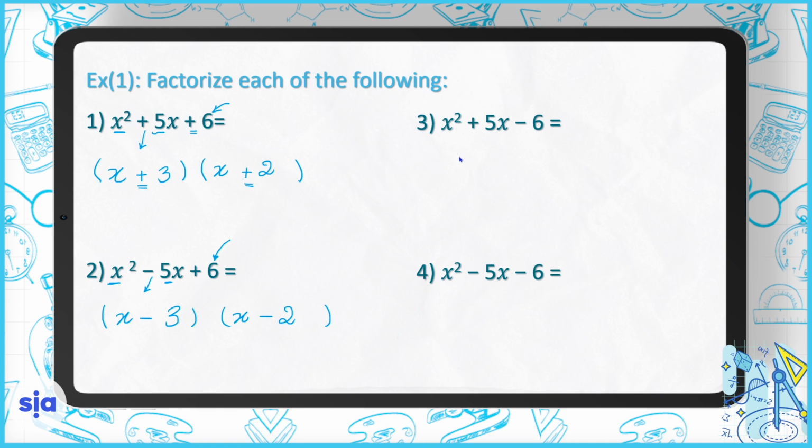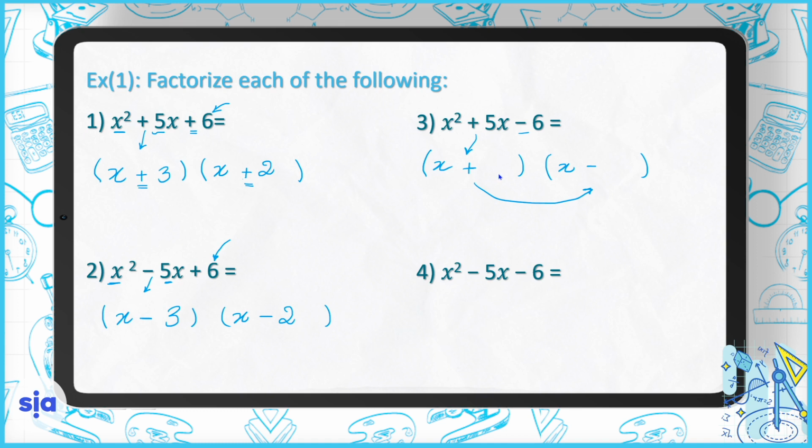Question 3. We don't have HCF here, so here are our two brackets, x and x. The first sign in the question goes down as it is. Positive times what to give you negative? Yes, it's positive times negative. Then the two signs that we wrote are different.